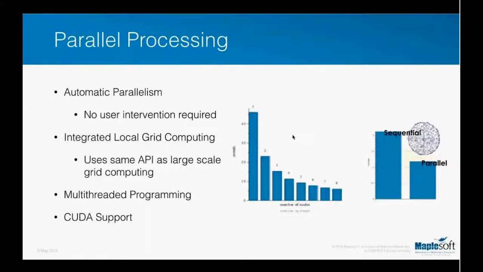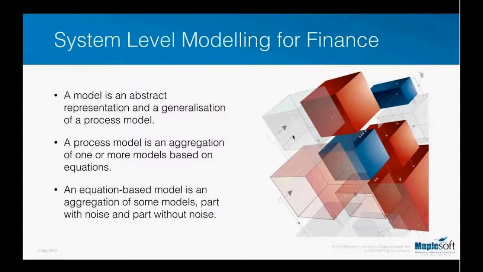So there's a new technology that we've been incorporating into our product suite called MapleSim, which enables us to represent a process model in a visual environment. Let's say it enables you to create a system-level model for the different processes that are there in your network.